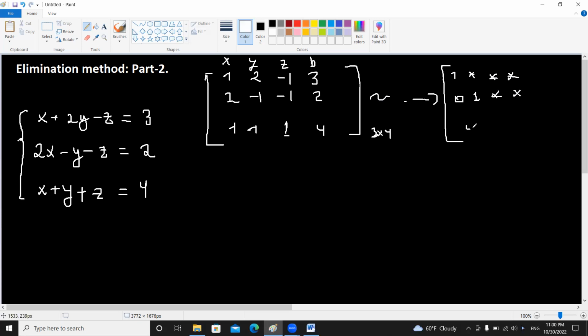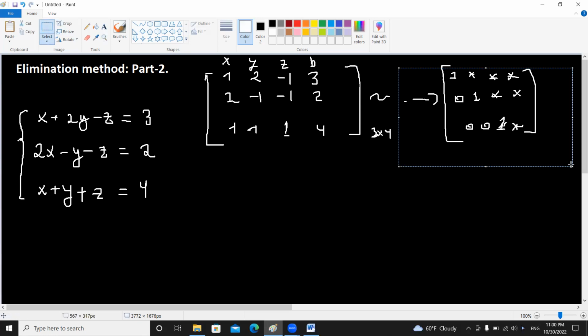So preferably we are going to get such a system. These stars represent any numbers that we can get here in the process. So it's important to get here ones, but after we get the solution, we are going to explain why.